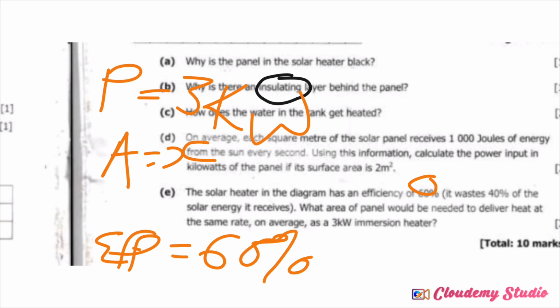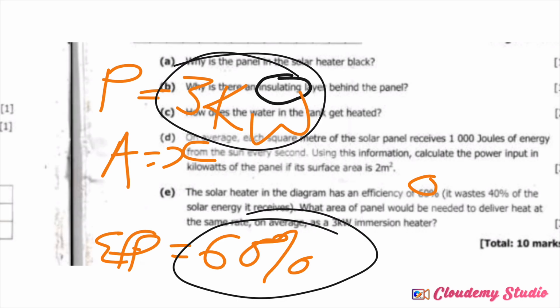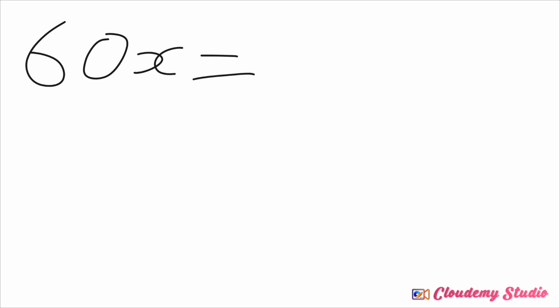Method number 2, I am going to get the quantities just from here, which will tell me that the 60% is of X. It is the one which is giving us 3 kilowatts. In other words, 60% of X will give us the 3 kilowatts.